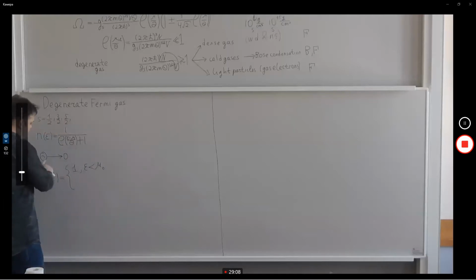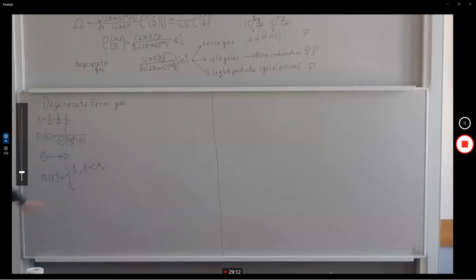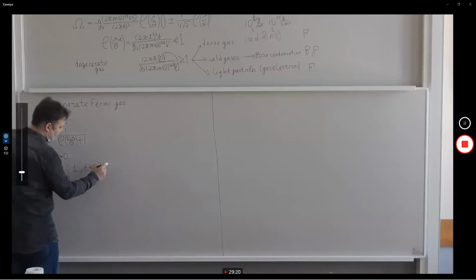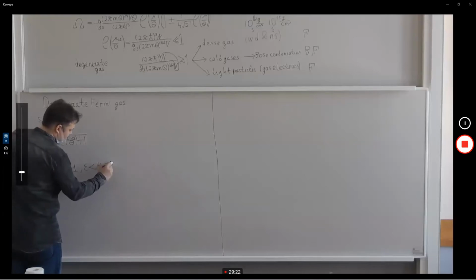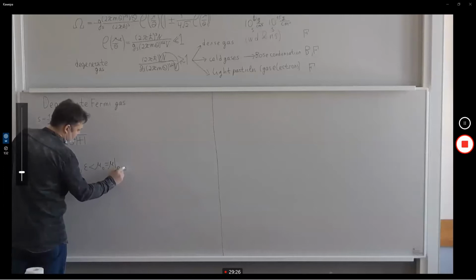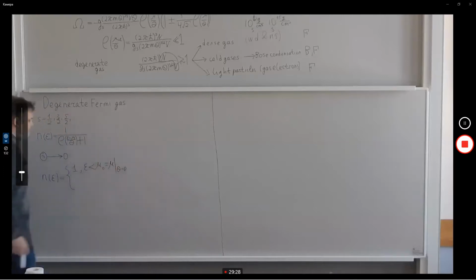So when I consider the limit of 0 temperature, I should take the value of the chemical potential at 0 temperature. I introduce a special notation, mu sub 0.